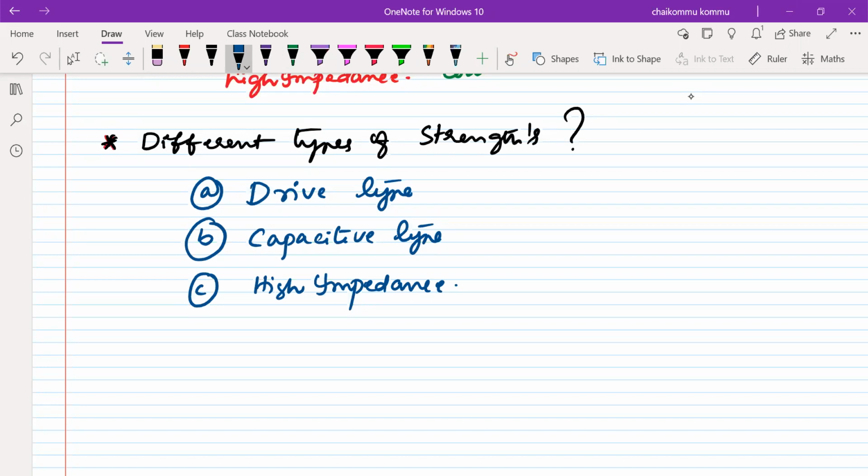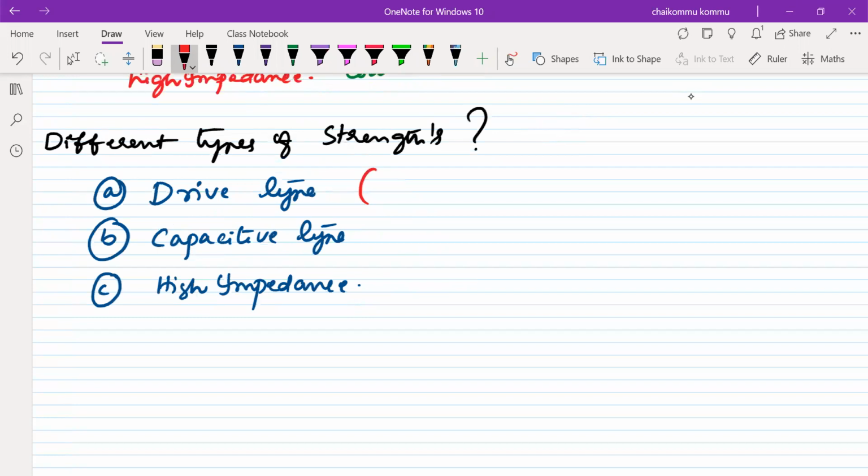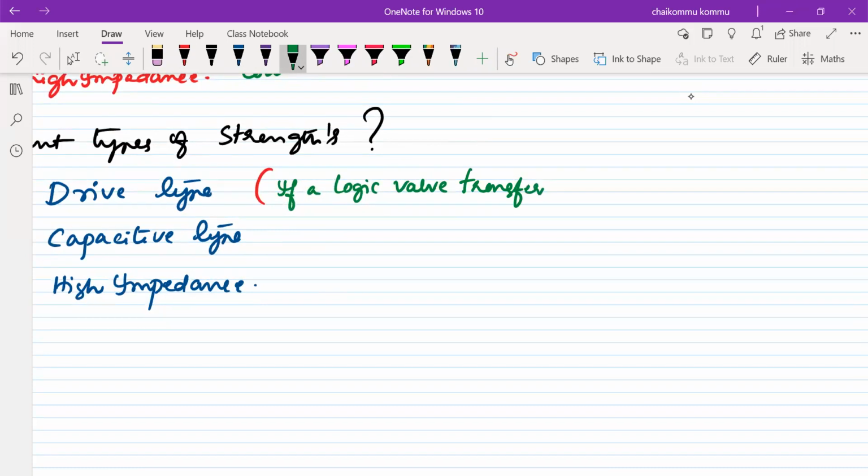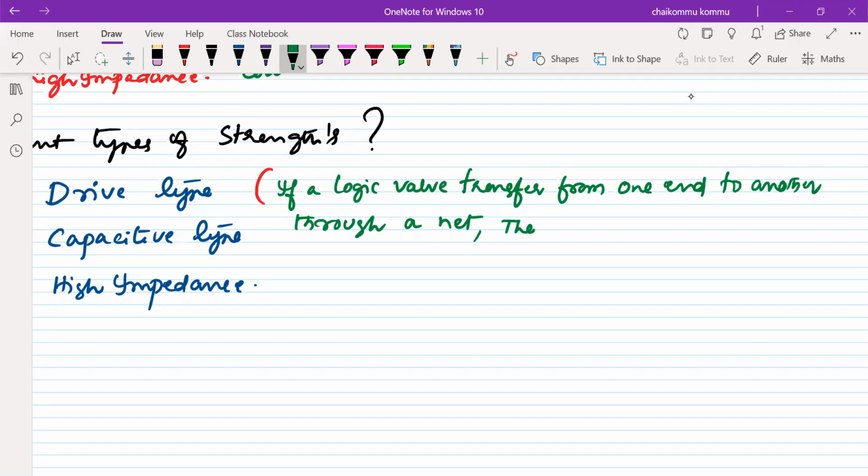So for the definition, I'm going to write here. If a logic value transfers from one end to another through a net, then that net is said to be a drive type net.